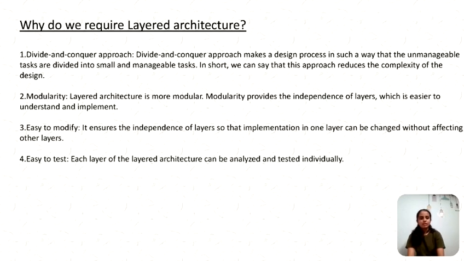Modularity provides the independence of layers, which is easier to understand and implement. Easy to modify: it ensures the independence of layers so that the implementation in one layer can be changed without affecting the other layers. It is easy to test because each layer of the layered architecture can be analyzed and tested individually.